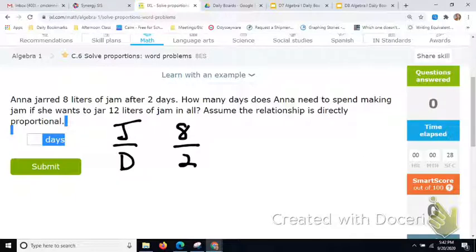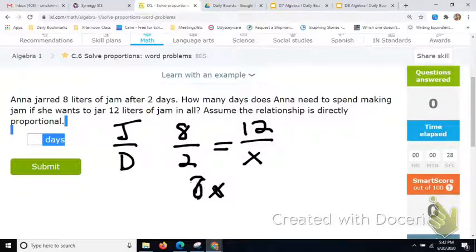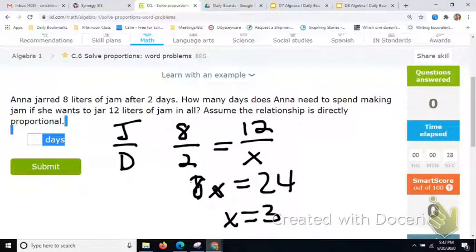How many days does Anna need? We don't know the days. If she wants 12 liters of jam. So the jam numbers on top and the time, the number of days, is on the bottom. So from there, now I can cross multiply. So that's 8x is equal to 24. And then when we divide, we get x is 3.